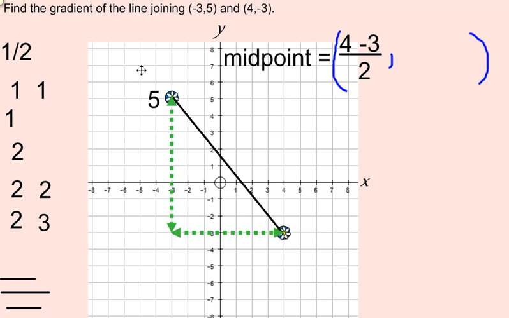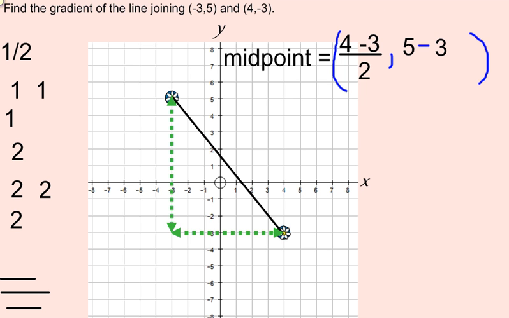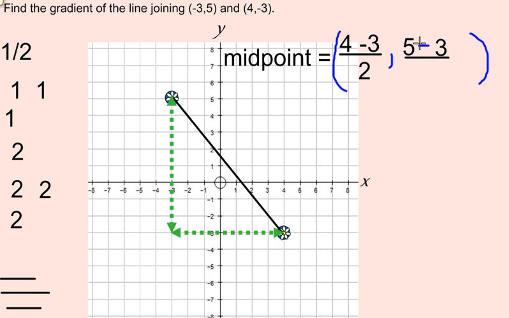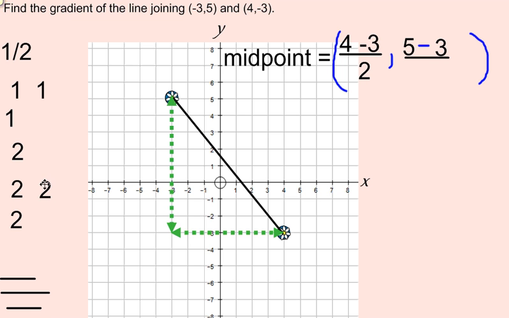Now my y's are 5 and -3. So I have to put a minus in there. Now what I have to do is divide that by 2.